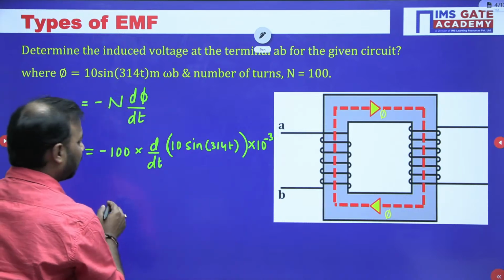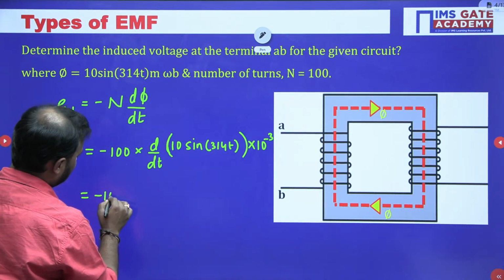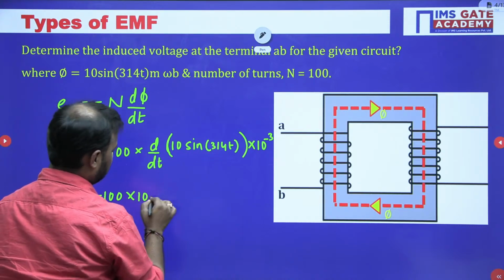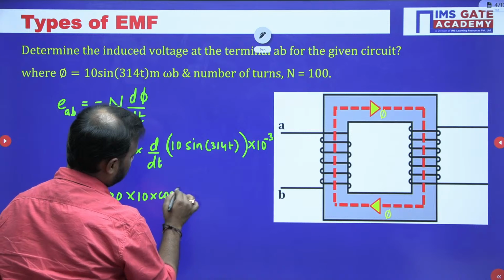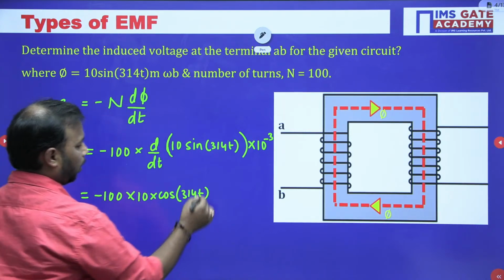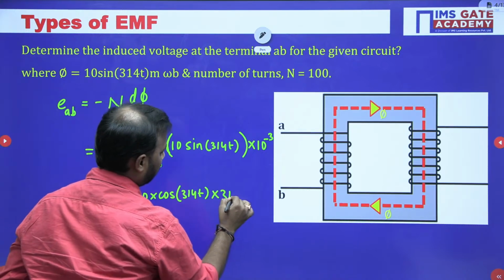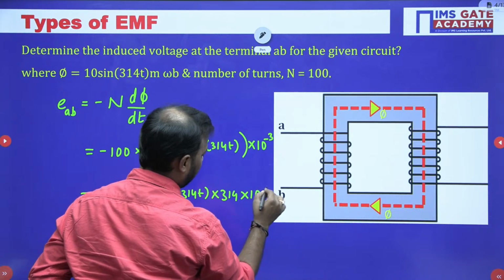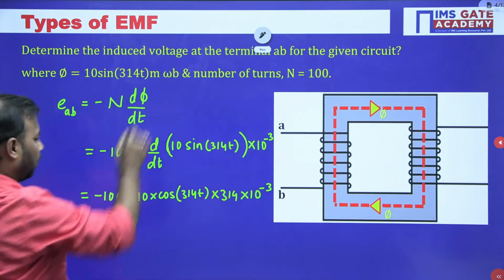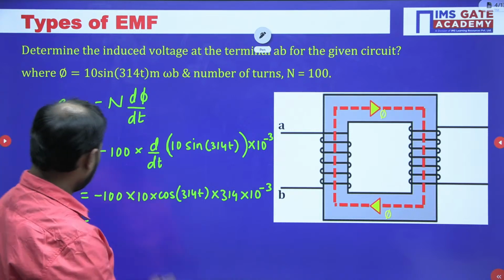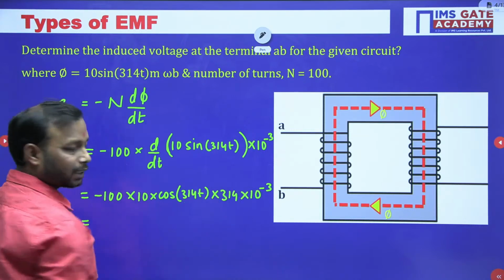So let us simplify. Minus 100 into 10, then cos 314 t into 314, the derivative, into 10 to the power minus 3 because of milliweber. Simplify: 10 to the power 3 and 10 to the power minus 3 cancel out.